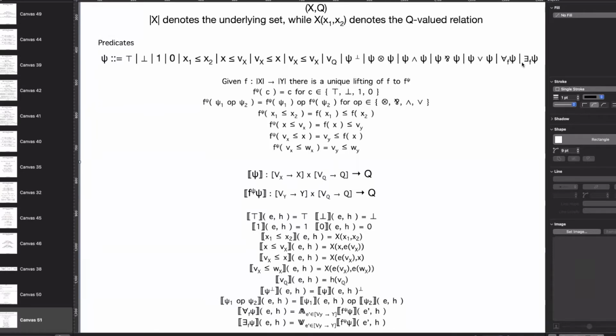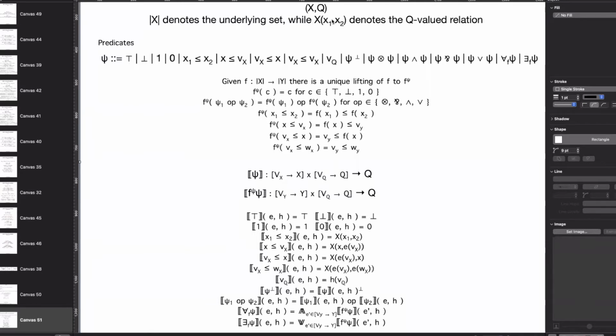These are interesting. They have required a lot of care to get right. And then this in particular comes from the fact that this is a Q category. So the Q category is a pair where you've got an underlying set, which we will denote with vertical bars around X, and a relation, which we will denote X(x1, x2).